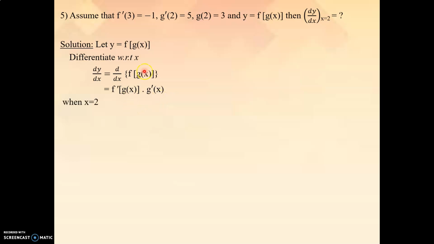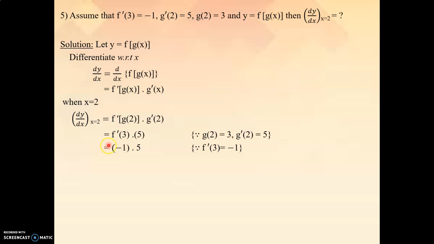So at x equal to 2, because the question is at x equal to 2, this function will become f dash of g of 2 into g dash 2. So here the inside term g of 2 is given as 3 in the question, so we have just substituted that in that place, and g dash 2 is 5. So f dash 3 is minus 1 into 5, that is minus 5, the final answer for this question.